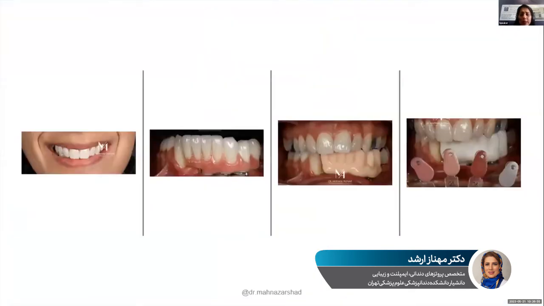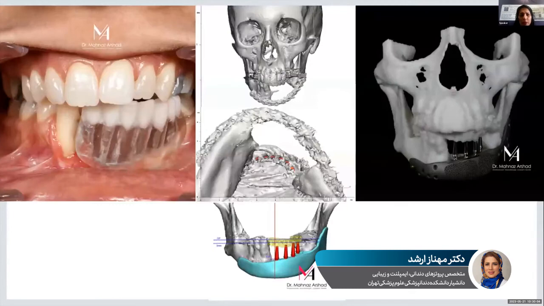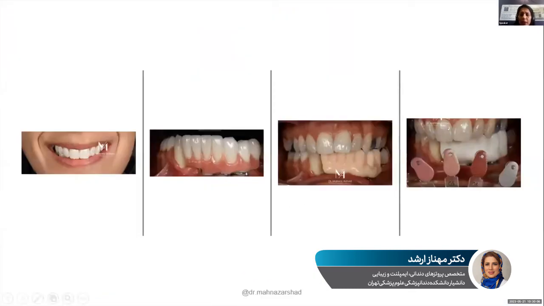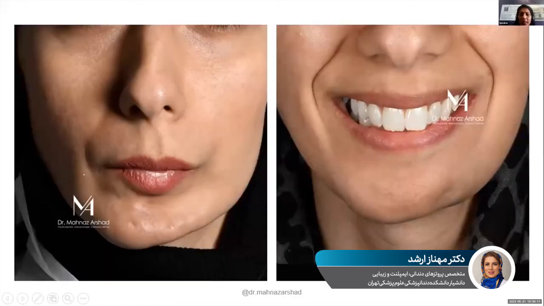So we delivered the subperiosteal implants, as you see, and we checked the modeling resin, and then delivered the final restoration, and this is the satisfaction of the patient.